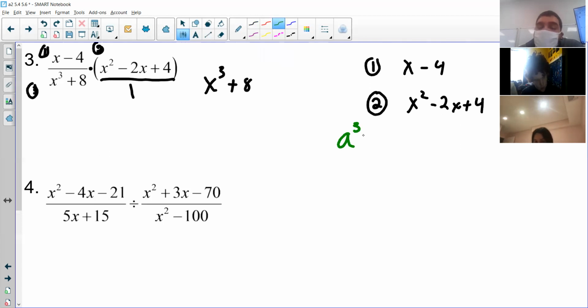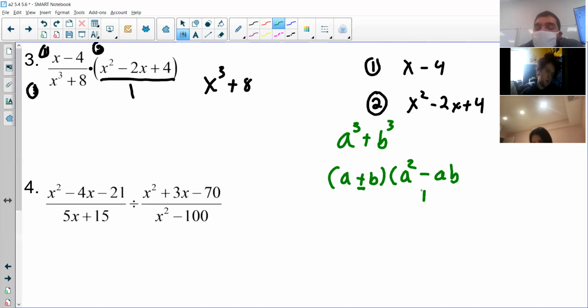You'll see what it is. a cubed plus b cubed is going to be a plus b. So this one matches the symbol. Then a squared minus ab. This one does not match the symbol, it's the opposite. Plus b squared. That is the sum of cubes. That's an old rule we did a while back.